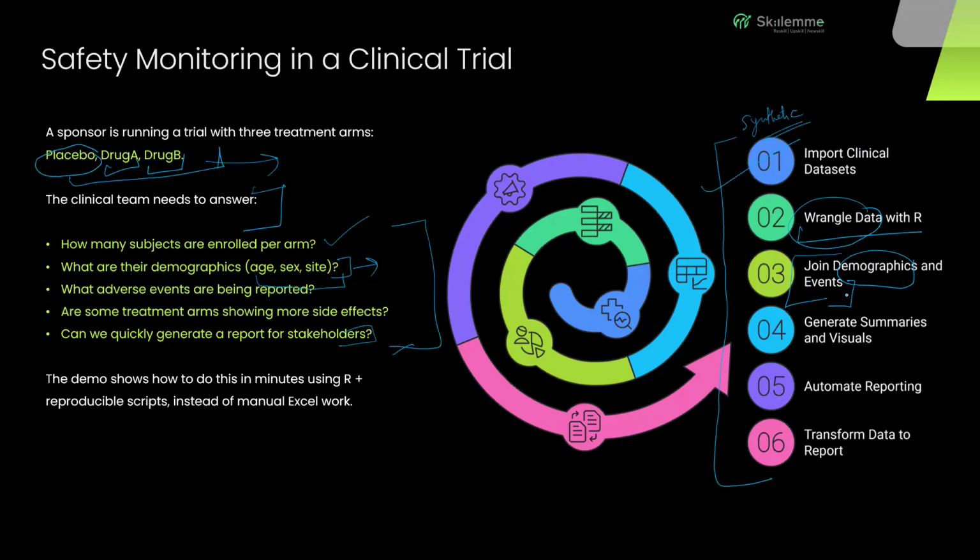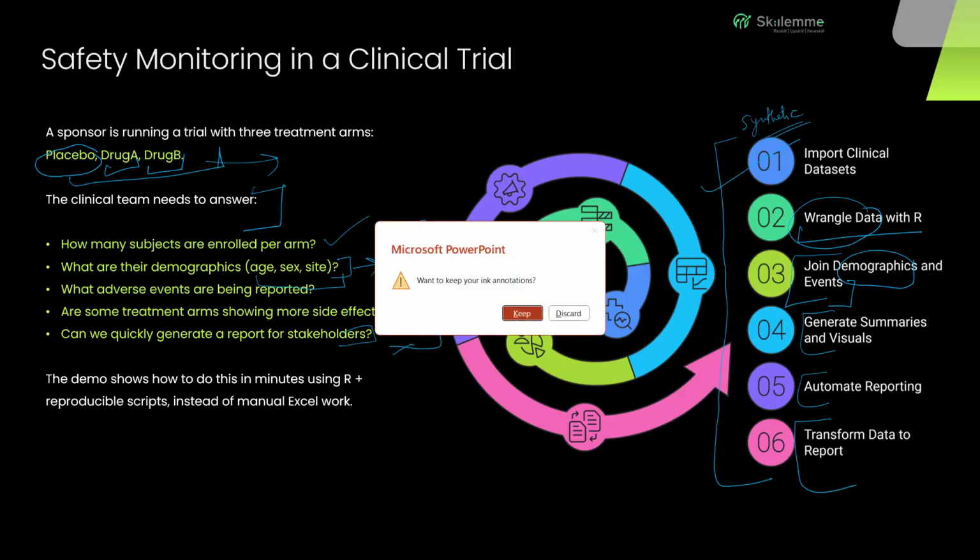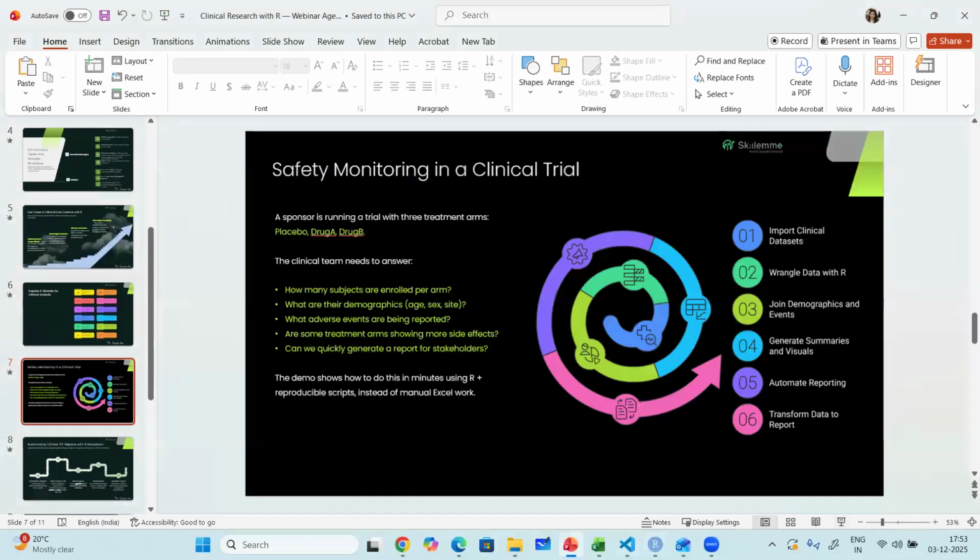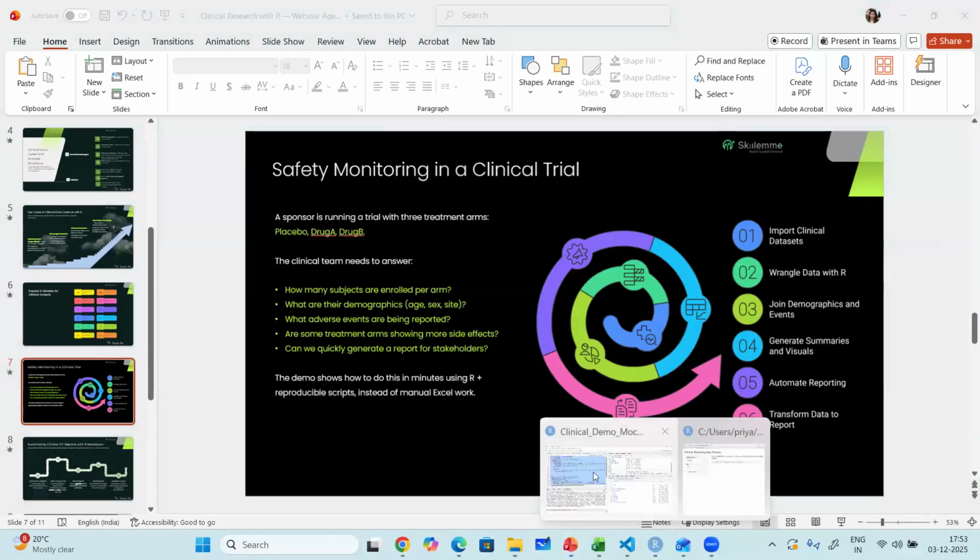And events would be the kind of adverse effect somebody is having, the spike in the adverse effect. Then generate the summaries, automate the reporting, and we'll see how these are transformed. So quickly getting into the demo part of it.